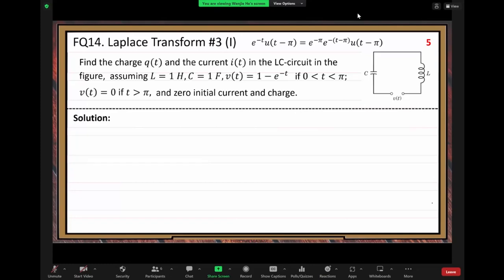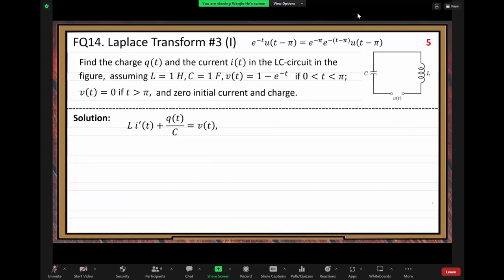So when we start, we get this original equation with q function and I function. We know little I is the derivative of q, so I prime equals q double prime.